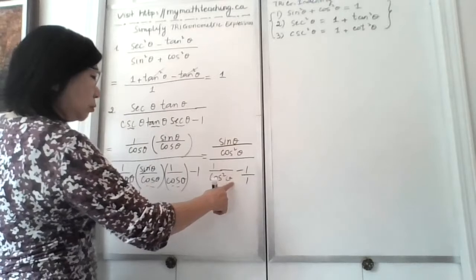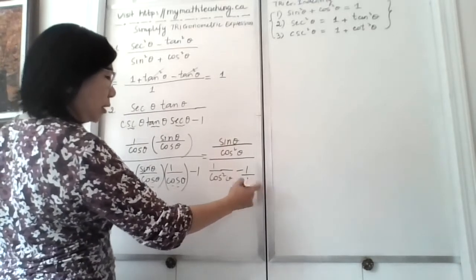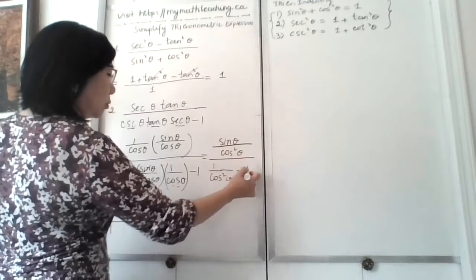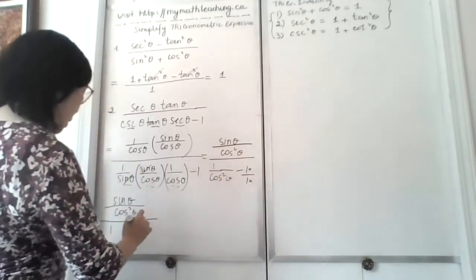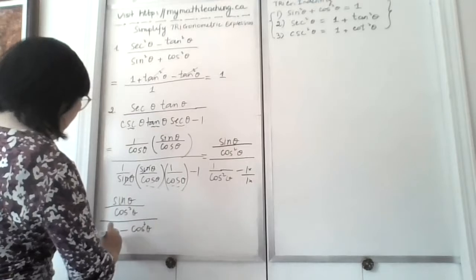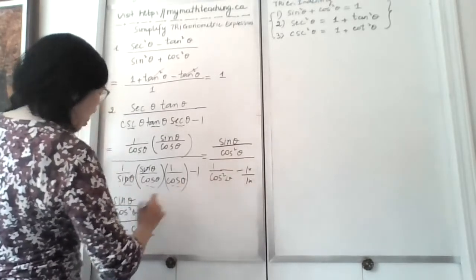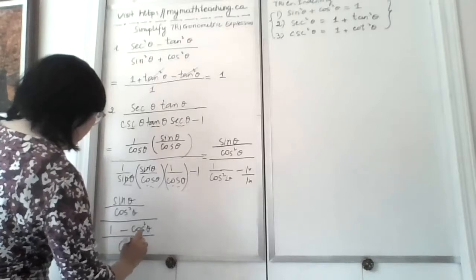But for this one, I have to multiply by cos square theta to make the common denominator, as well as down here, I have to multiply by the same cos square theta. So that becomes 1 minus cos square theta. All of them will be underneath the same denominator, which is cos square theta.